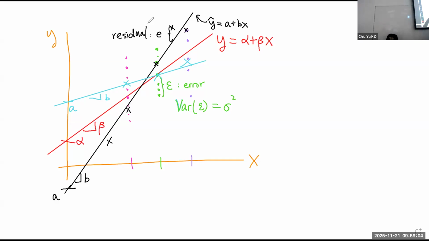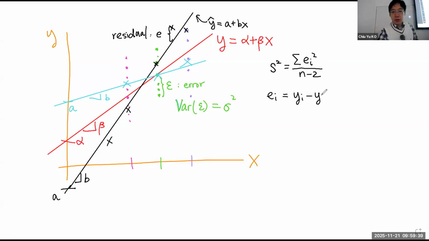So epsilon is the data minus the line, and then squared. So we can do the same calculation, which is called S square, which will be just the sum of E i square. And E i is defined as Y i minus Y i hat.